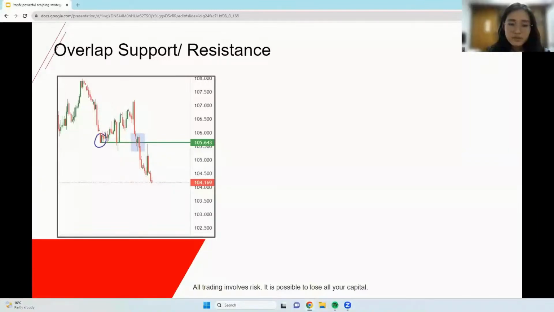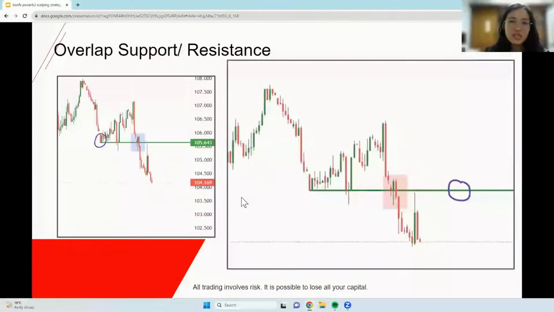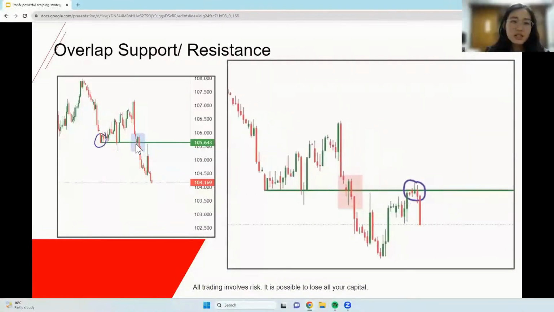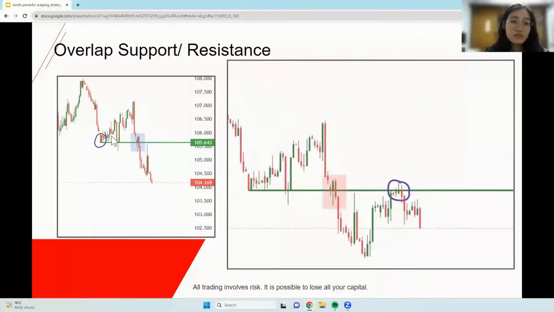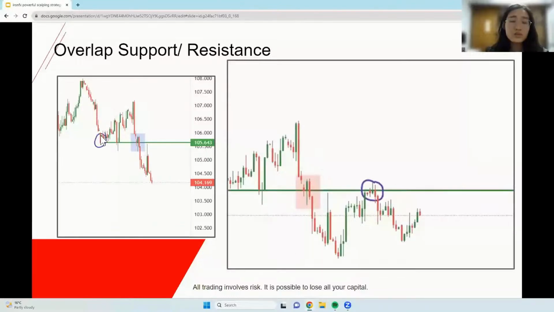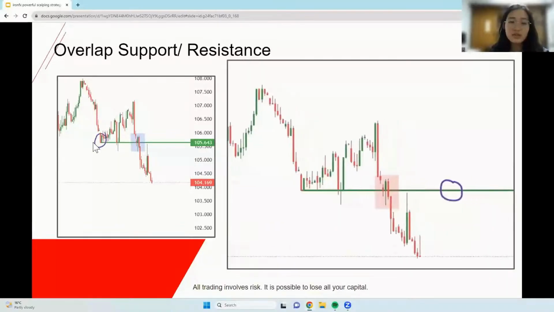Here's another example. I think you guys have kind of gotten it by now, but just another example in case you weren't clear. So this is a pullback resistance first, because price has surpassed the swing low level.